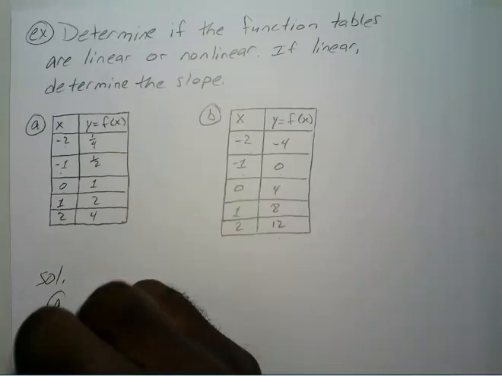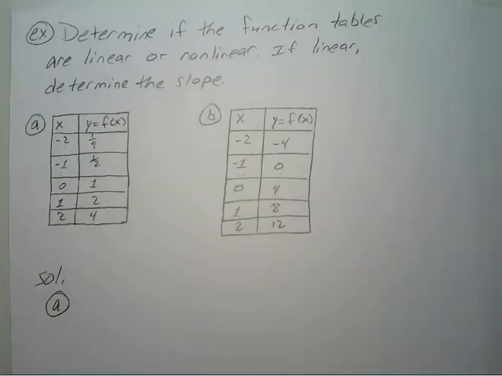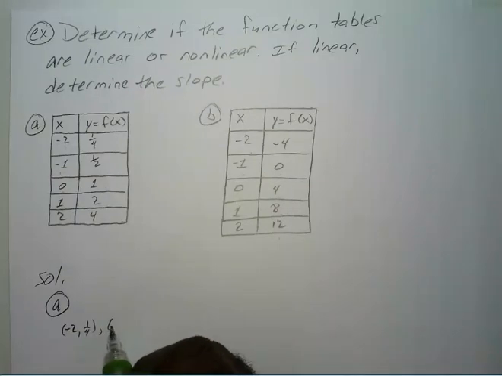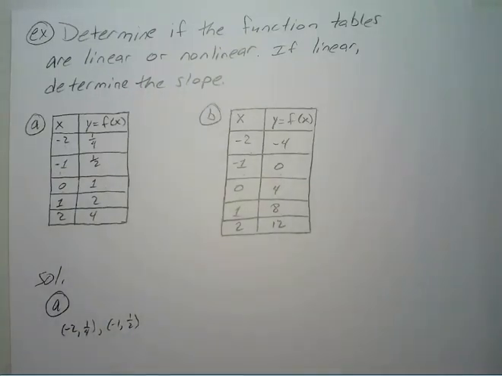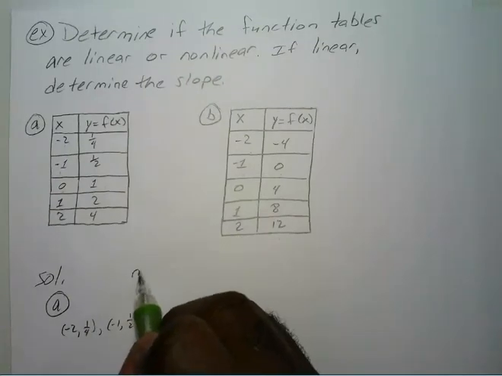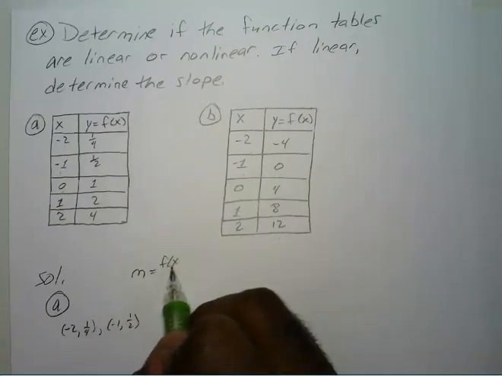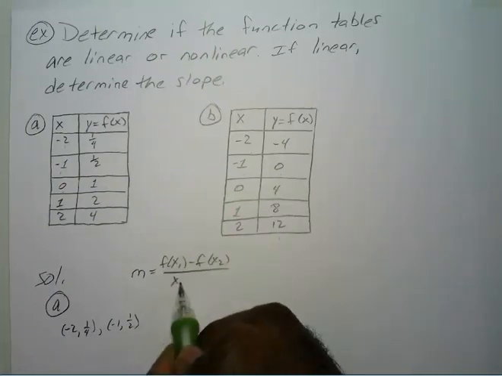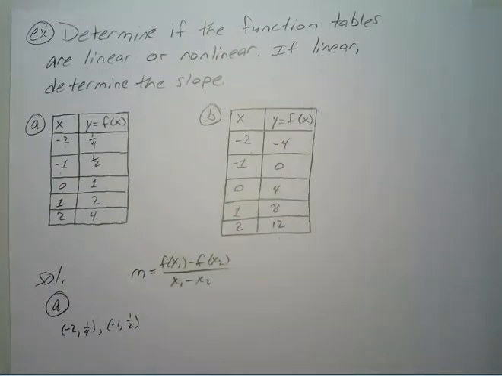Okay, so for A, let's say we pick the point (-2, 1/4) and (-1, 1/2). And we find the slope. Remember the slope is equal to f of x2 minus f of x1 all over x2 minus x1.